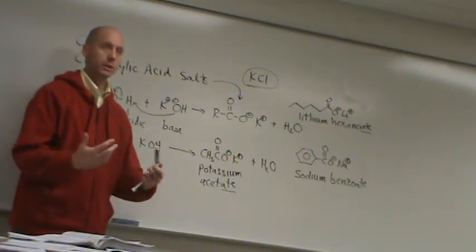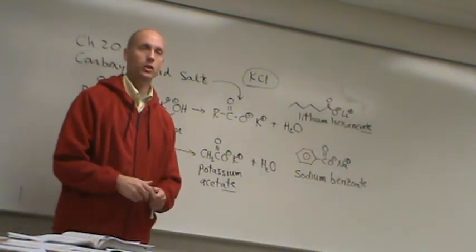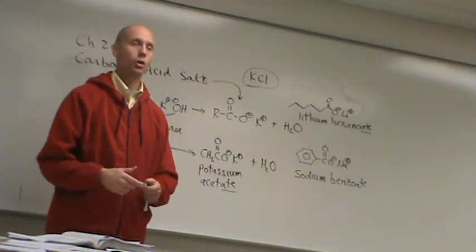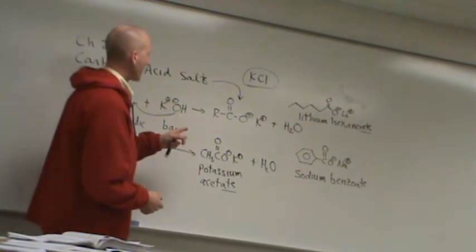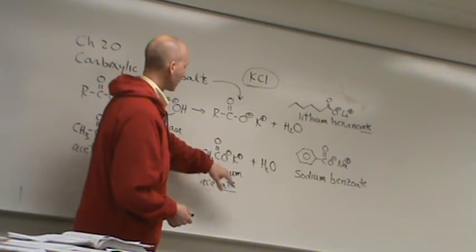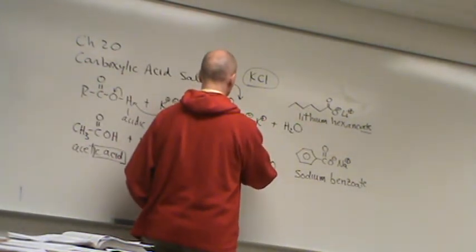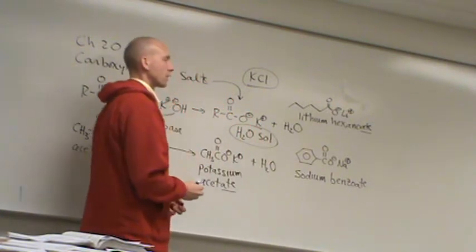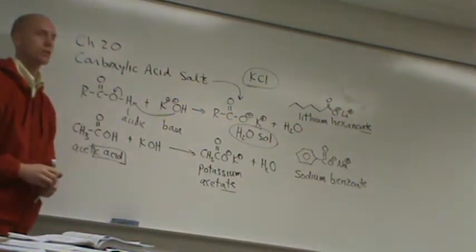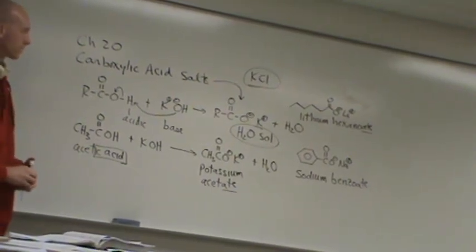And it dissolves completely, so that if you put an electric current, it would pass electric current, so we call that strong electrolytes. Okay? So, same thing here. These carboxylic acid salts are water soluble. Okay? So that's a nice important property about these things.